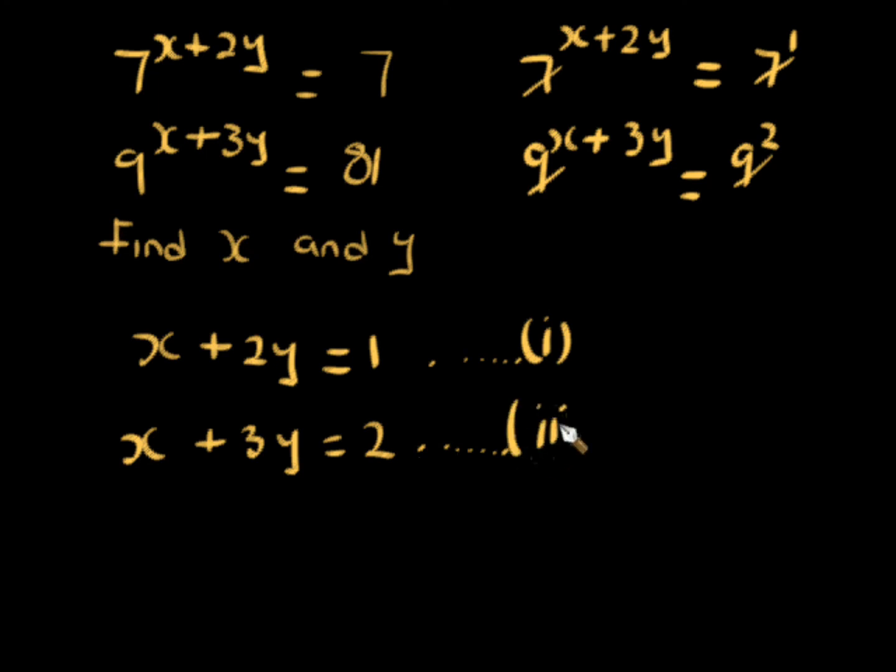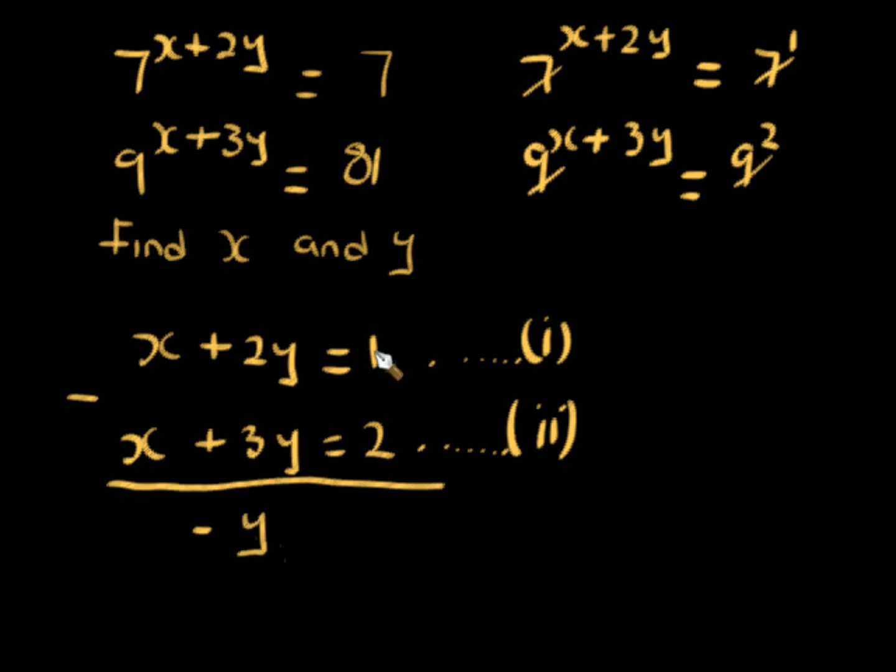Now, we can evaluate this simultaneously by using the elimination method. So using the elimination method, we can subtract these two equations to find one of our variables. So x minus x cancels out, that's 0. On this side, we have 2y minus 3y, which gives us minus y.